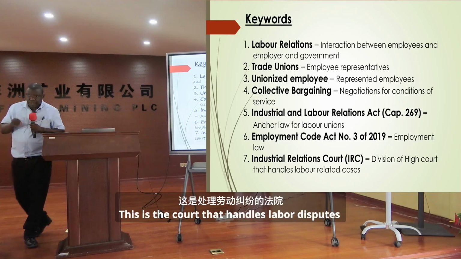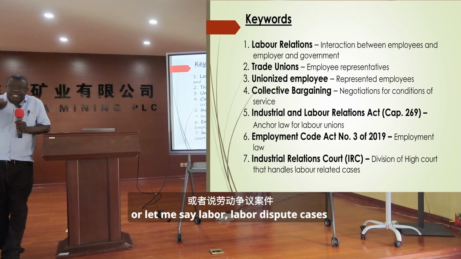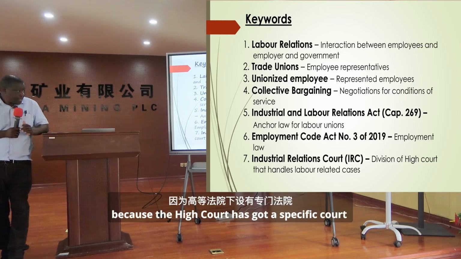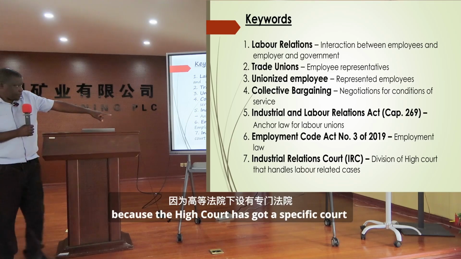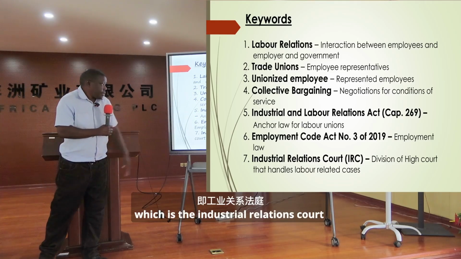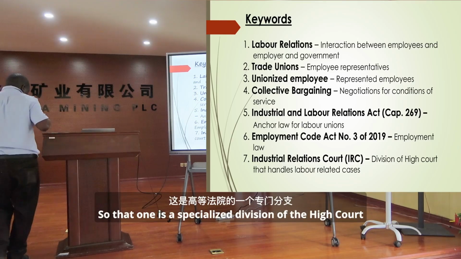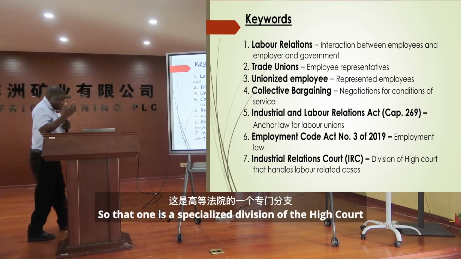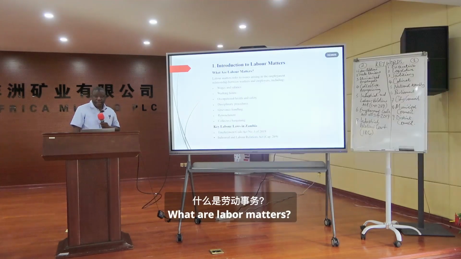Then the Industrial Relations Court, as I mentioned. This is the court that handles labor dispute cases. The High Court has a specific division, the Industrial Relations Court, a specialized division of the High Court that handles only labor-related matters. What are labor matters?